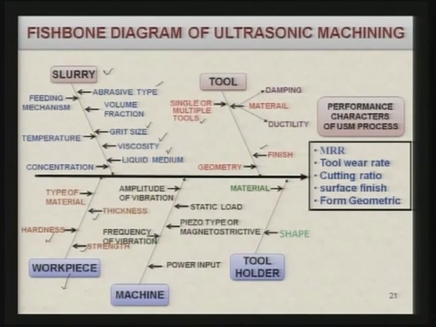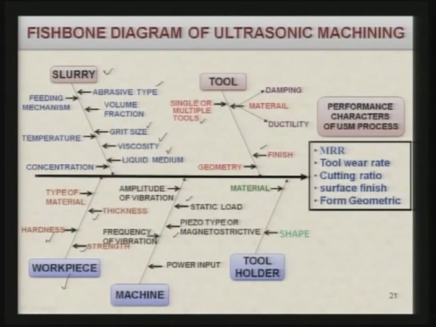Amplitude of vibration, let us see the machine. Definitely, amplitude of vibration is going to affect the performance of the process. Static load: how much static load is acting will decide with what velocity the particle is going to hit the workpiece surface.